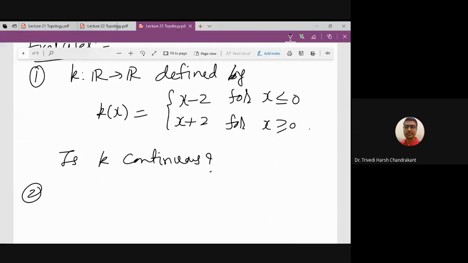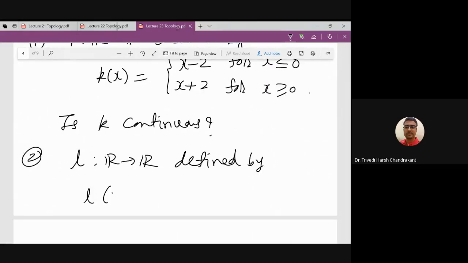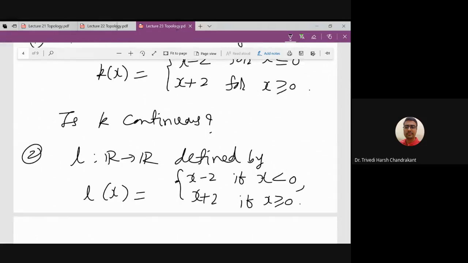And the next function is L from R to R, defined by Lx equal to x minus 2 if x is less than 0, that is, x is a negative number, and on the positive numbers we have a different rule.